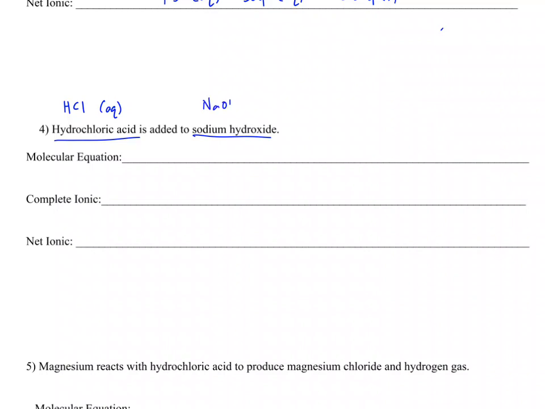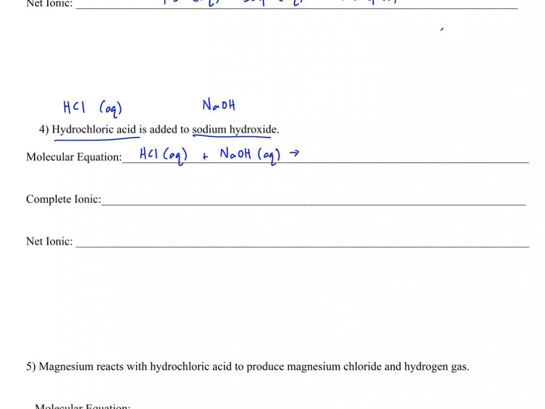Sodium hydroxide. Okay, so we're missing some information, so we need to take the information given to us and complete the equation. I'm going to start with what we do know. HCl is added to sodium hydroxide, which is also aqueous.